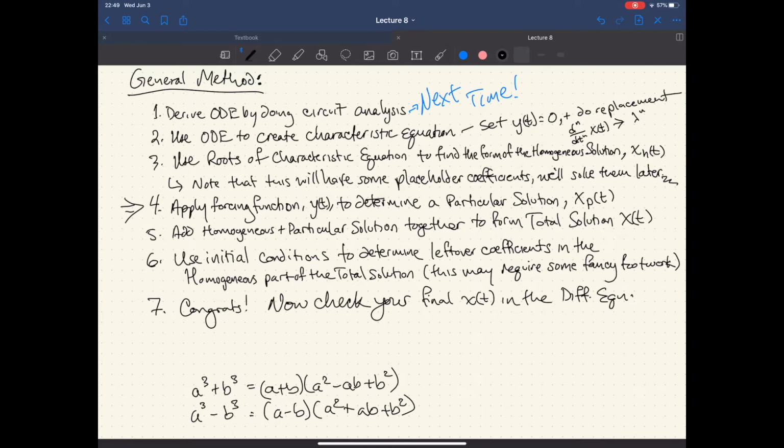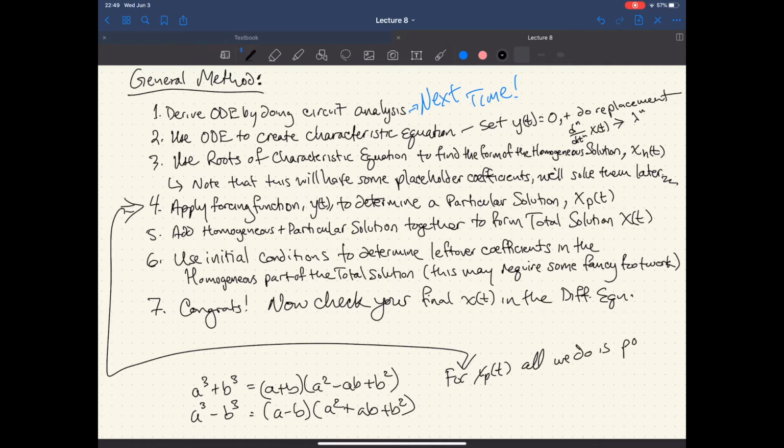So for example, for xp of t, all we do is pop it into the differential equation and solve for the generalized form.